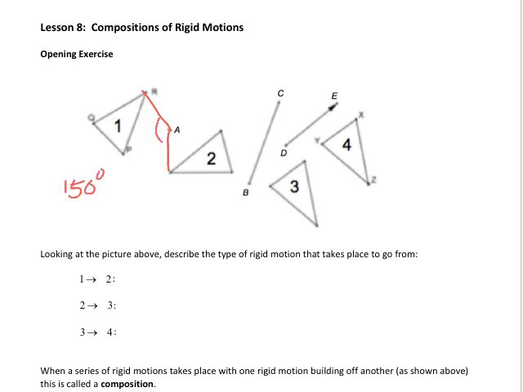I'll just tell you that. So if I want to describe it, we would say it's a rotation about point A, rotation about A of 150 degrees. So the notation for that is a capital R about point A, comma, of 150 degrees. That's how you would describe the first transformation.